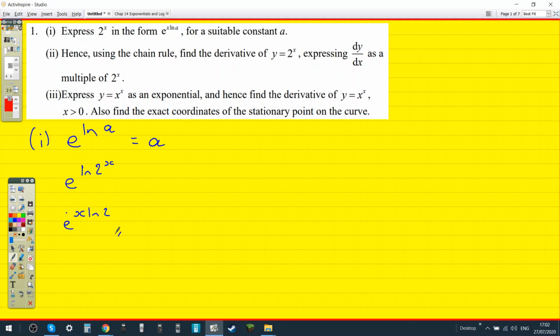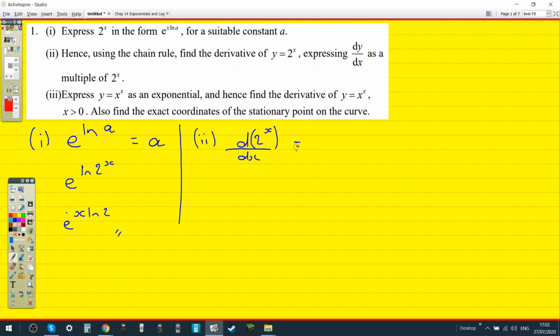Yep. And then part two. So the derivative of 2 to the x will be, is that how you write it?